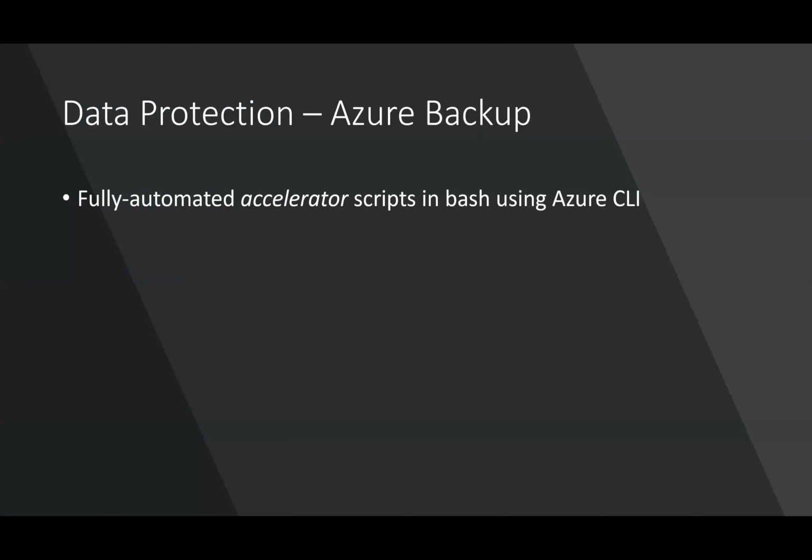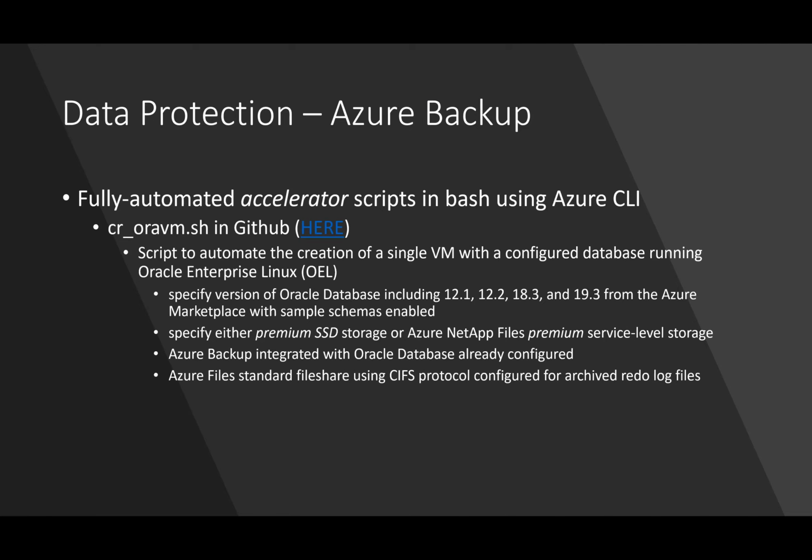Just for your own purposes, if you want to see Azure Backup in action, I have a fully automated accelerator script written in Bash that uses the Azure CLI, and it fully automates the creation of a single VM with a configured Oracle database running OEL. You can specify the version 12.1, 12.2, 18.3, or 19.3. Those are the images that Oracle has posted to the Azure Marketplace.